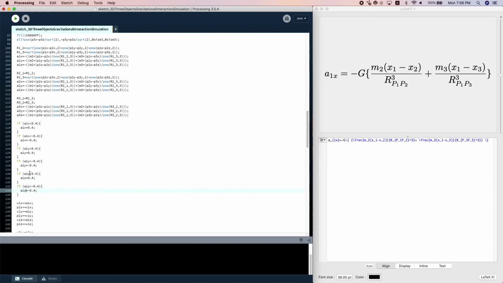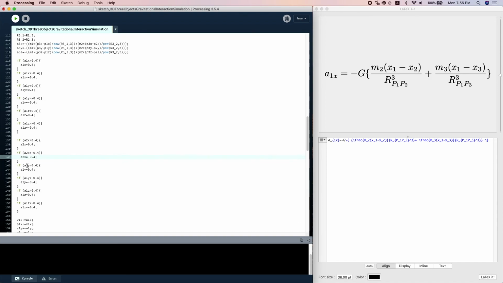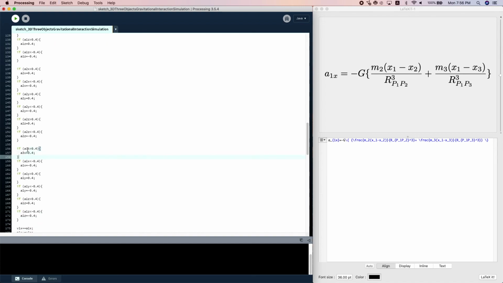So if one of those acceleration values in any dimension exceeds some value, we're just going to make it into this value. And of course, we're going to have to do that for everything. So we're going to need a2 for x, y, and z, and basically do the same thing for a3.